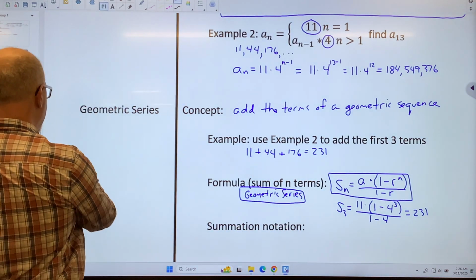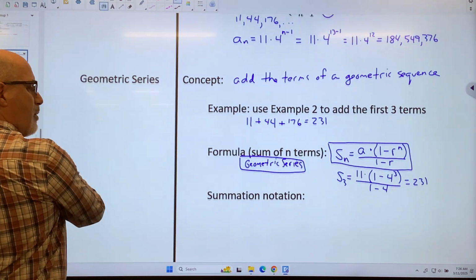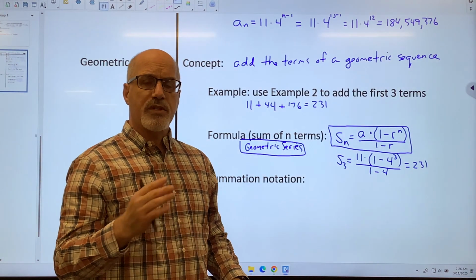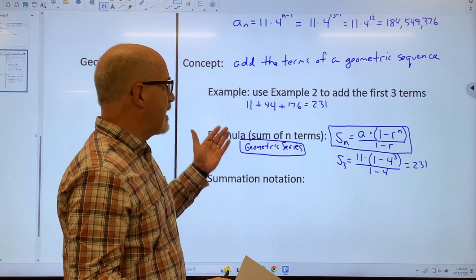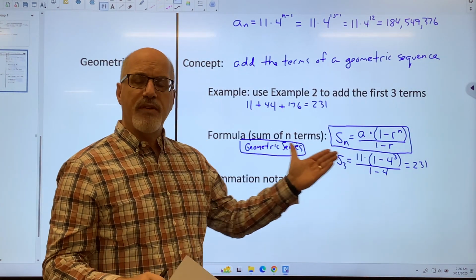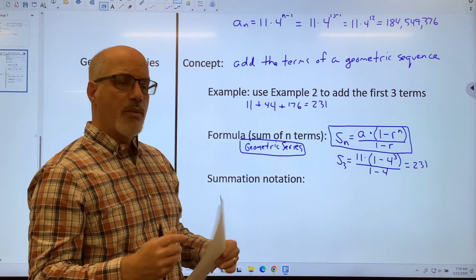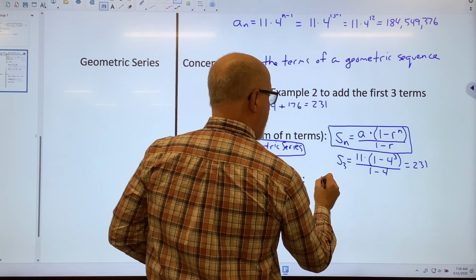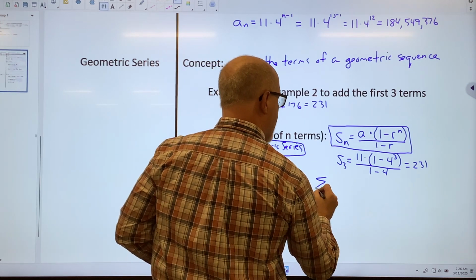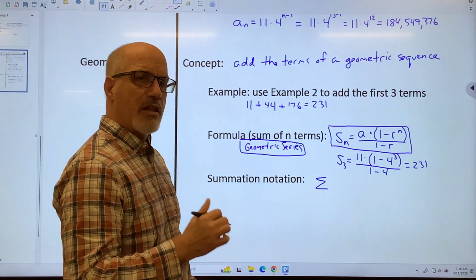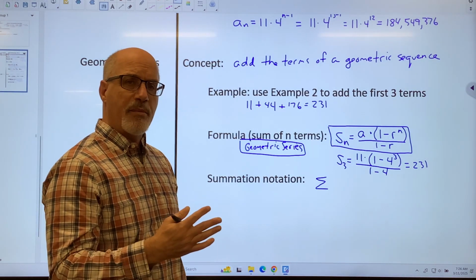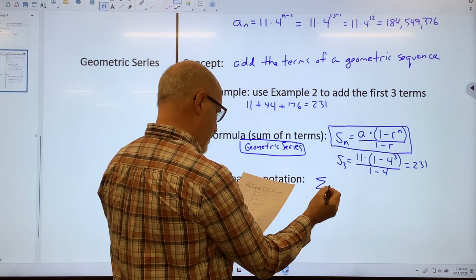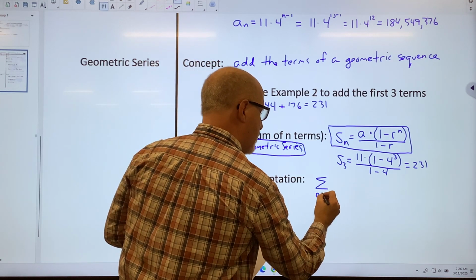All right, lastly here, we want to reintroduce, because you may have seen this notation before, what's called summation notation. That's for when we want to add a certain number of terms of any sequence or series. What you typically will do is you'll put in this Greek letter sigma, and you want to list for it the important information. What usually goes here is one of the letters, like we'll use n.